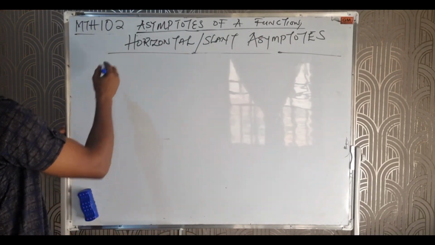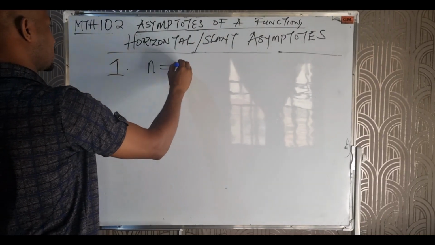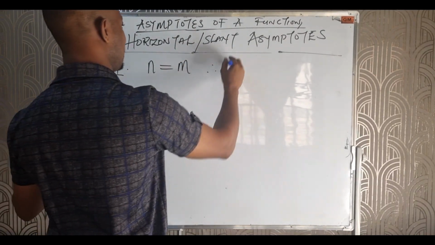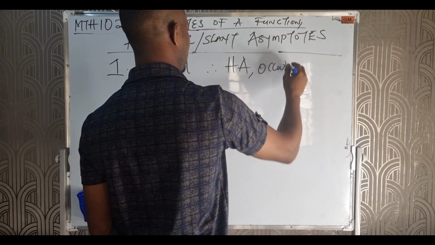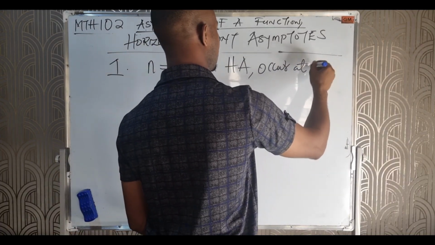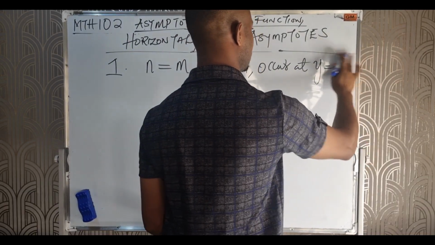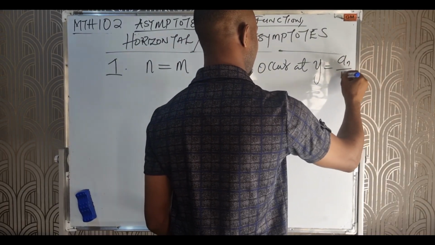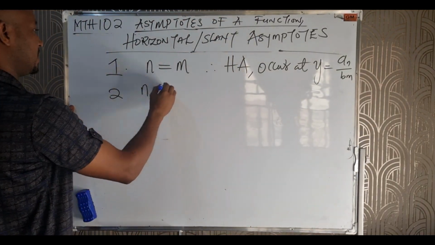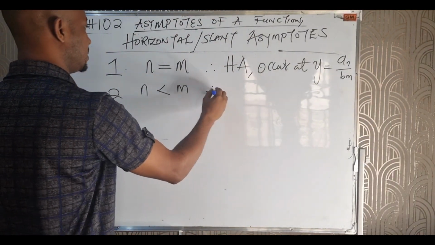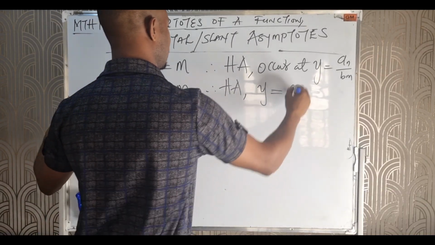In general, we have 3, rather 4 conditions. The first is when n equals m. It simply means our horizontal asymptote occurs at y equals an over bn. Number 2 is when n is less than m, which means the horizontal asymptote occurs at y equals 0.